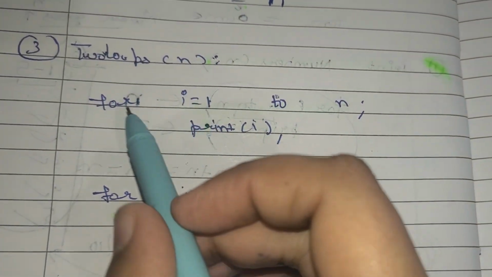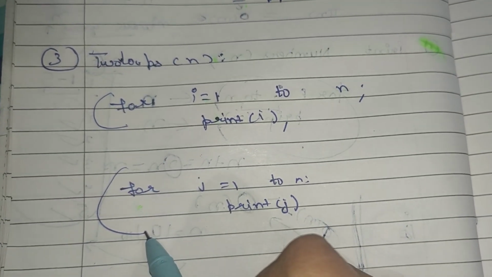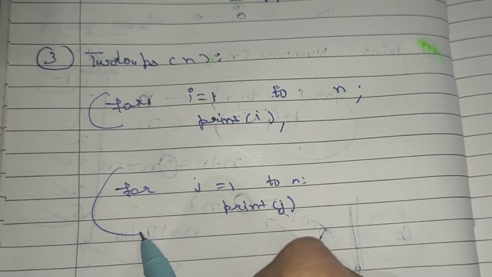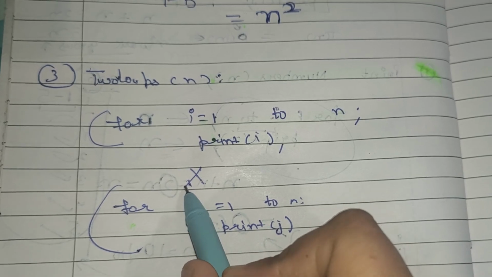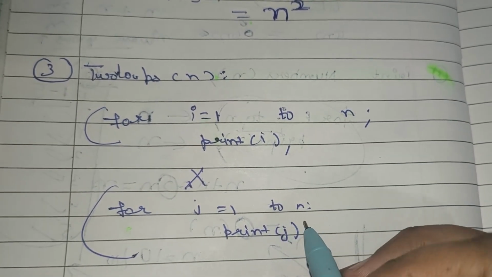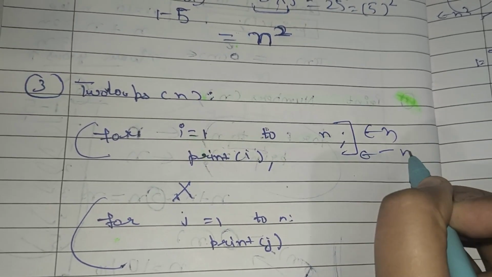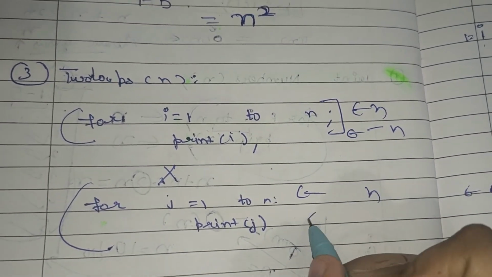In question number 3 we again have two loops, but are they inner and outer loops? Are they dependent on each other? No. So people may get confused that we have two loops. This loop will give n. This loop will give n.